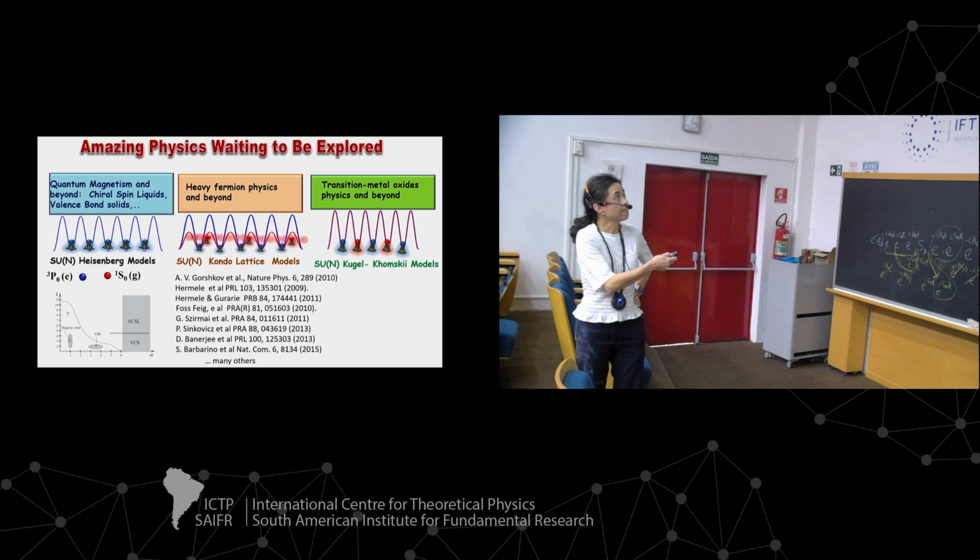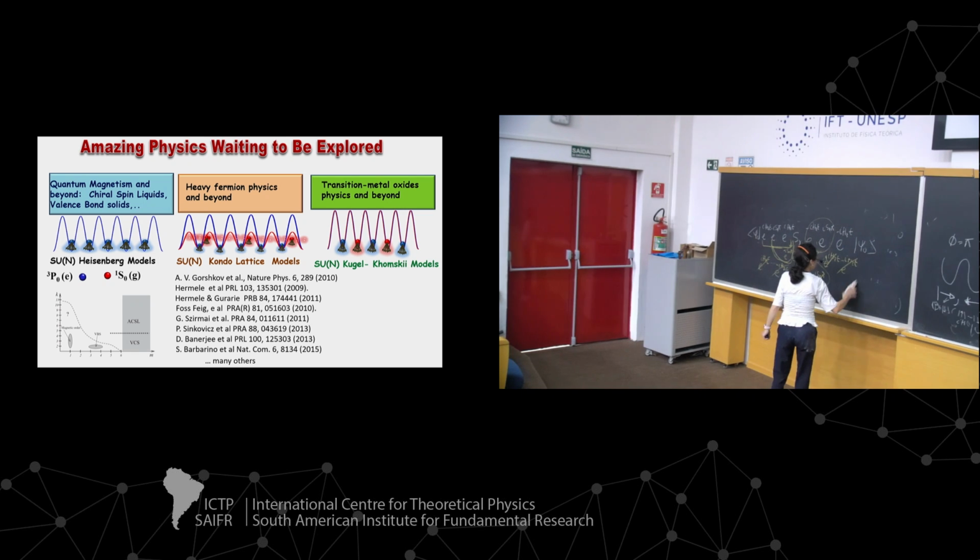For example, I'm going to give you some idea of the type of Hamiltonians that we can implement. If we restrict to atoms in the ground state, not the excited state, we are going to have a system that has SU(N) symmetric interactions with many flavors.